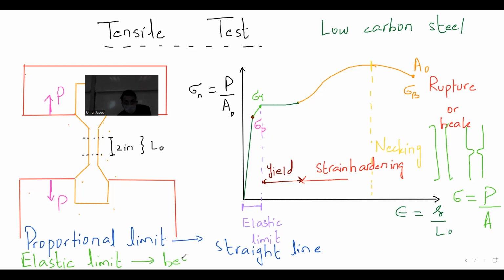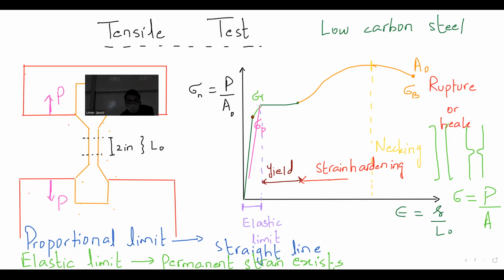Not beyond which, elastic limit, we say permanent strain exists. This I have to explain to you. Permanent strain exists, which means that if I have to go back, I will come back like this.